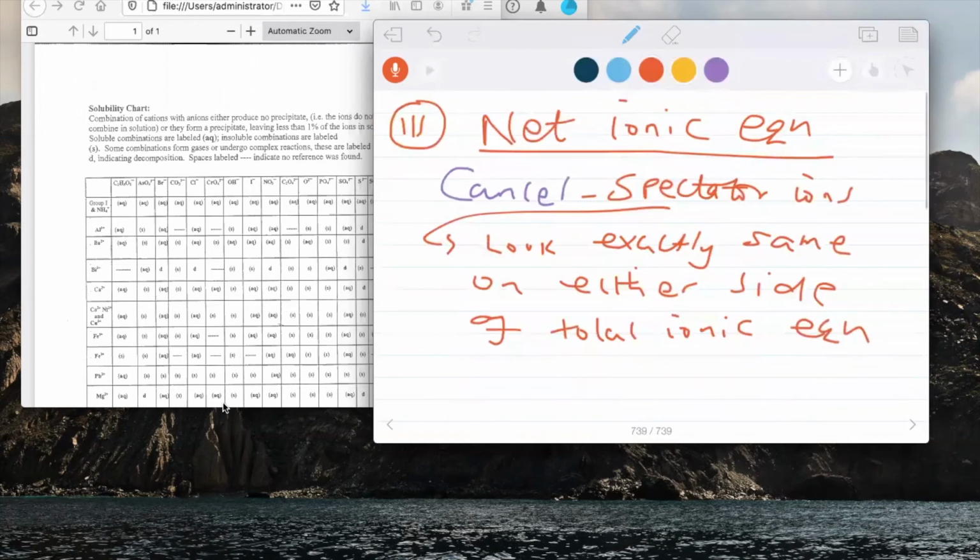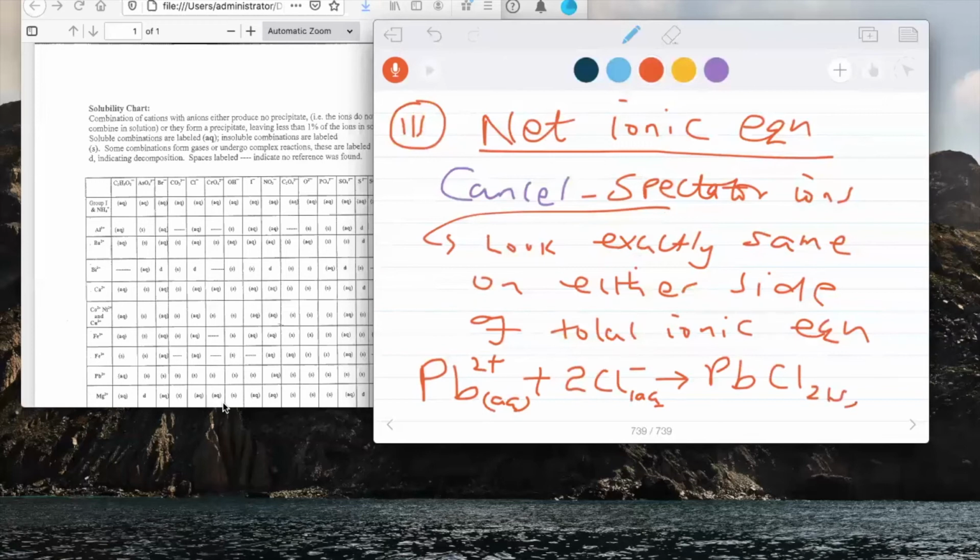So our net ionic now will be Pb 2+, and you indicate the physical state as well, aqueous, plus 2Cl negative aqueous to give you PbCl2 and then a solid. So what I have here is the net ionic equation.